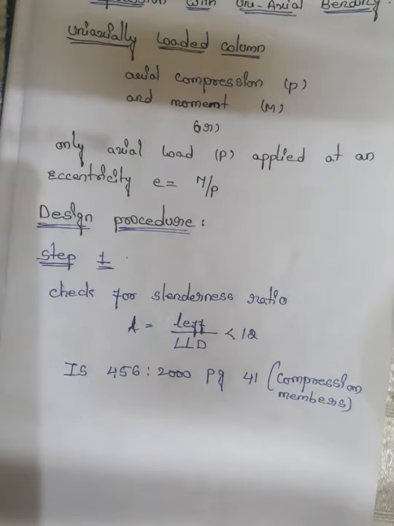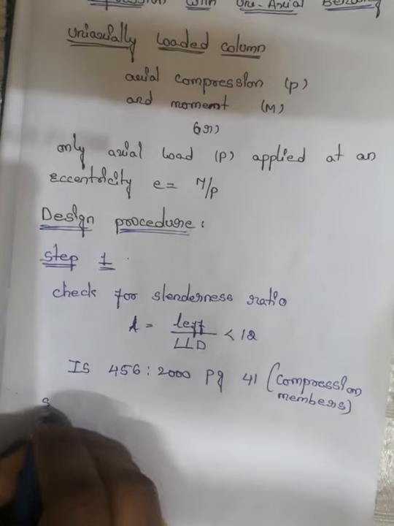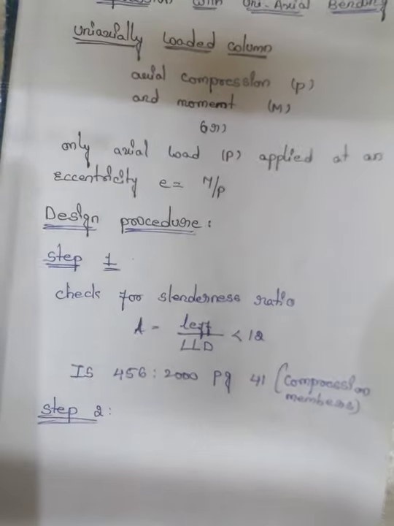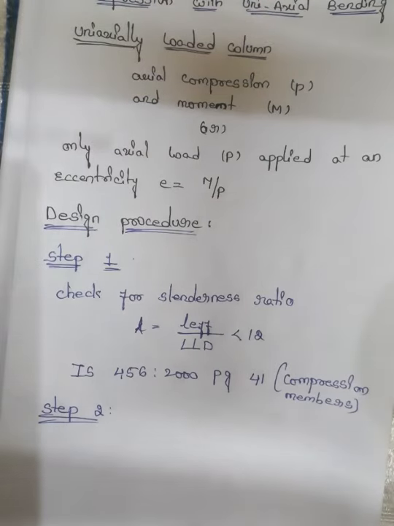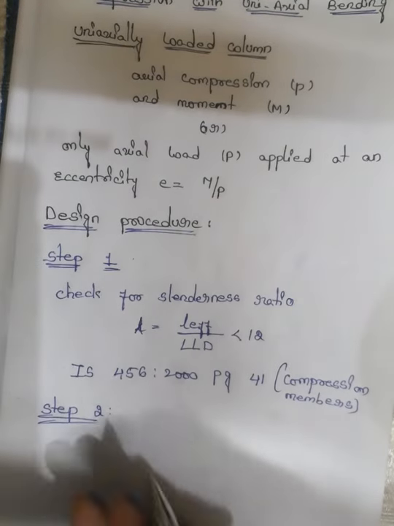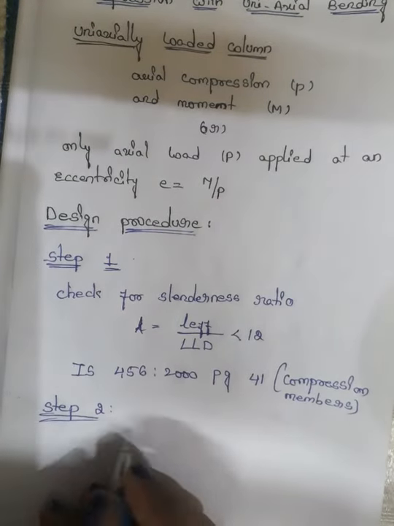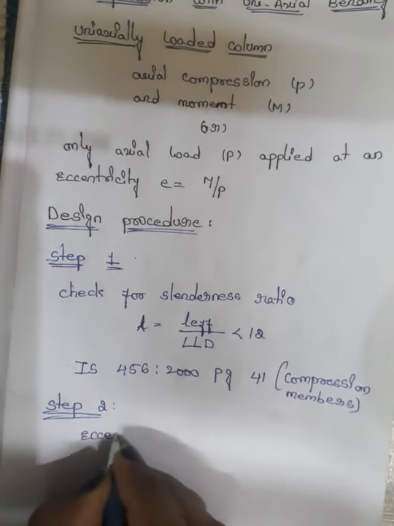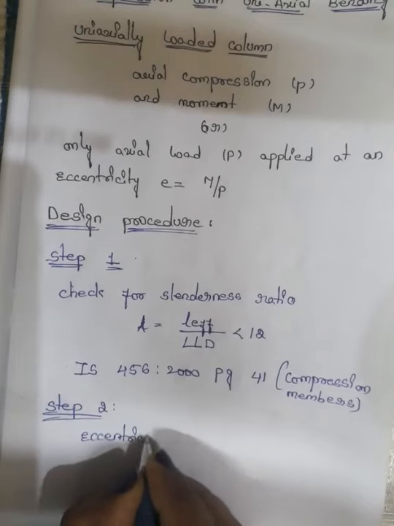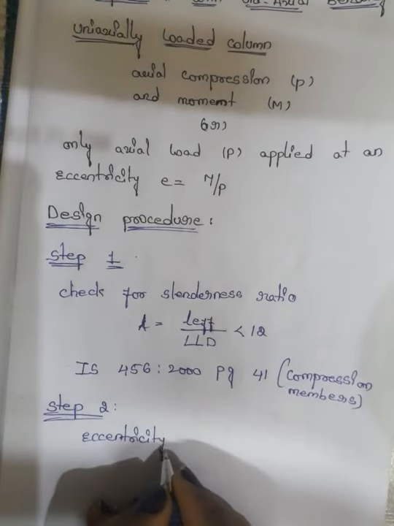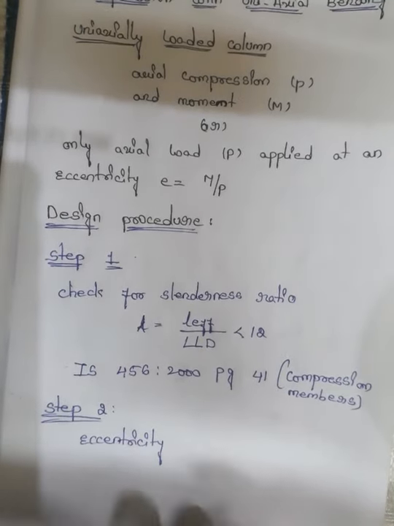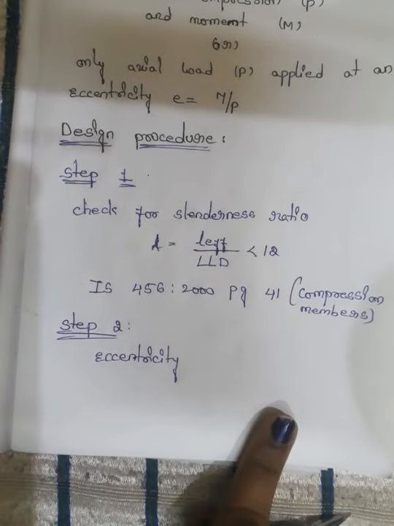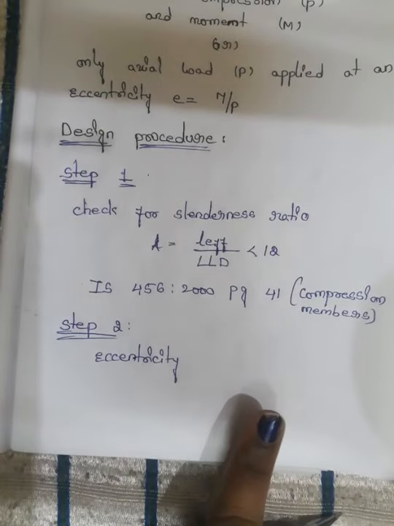So step 2 is finding the eccentricity. This eccentricity e should be greater than the minimum eccentricity provided, then we can move further.